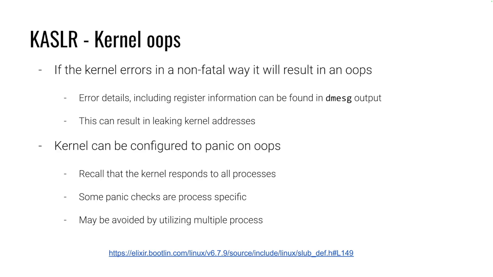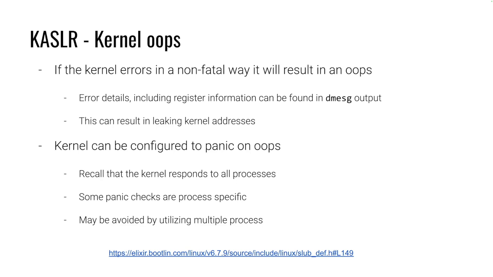But some of these panic checks may be avoided if, instead of doing all of that in one process, the triggering access occurs in a separate process than the process that's setting up.